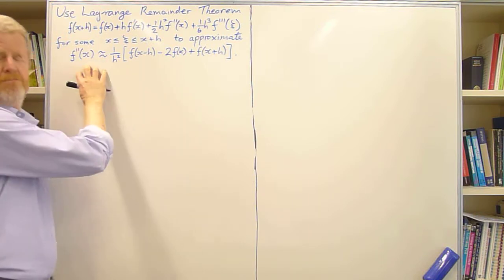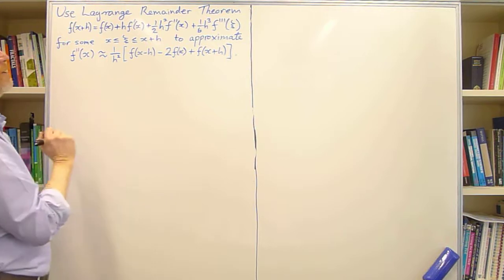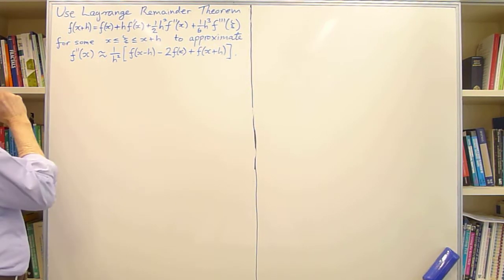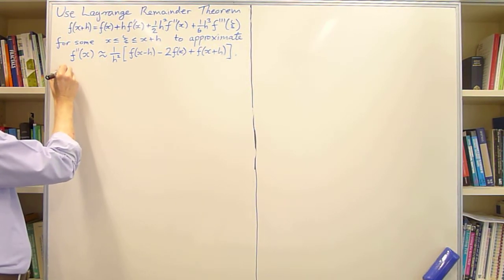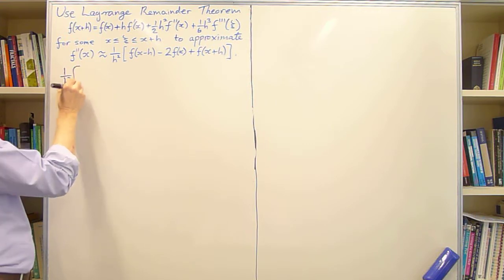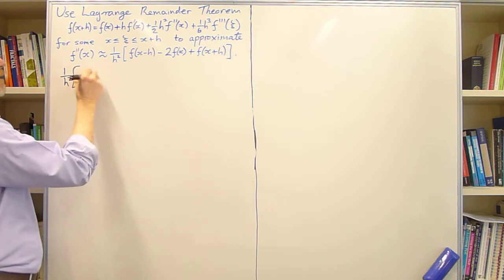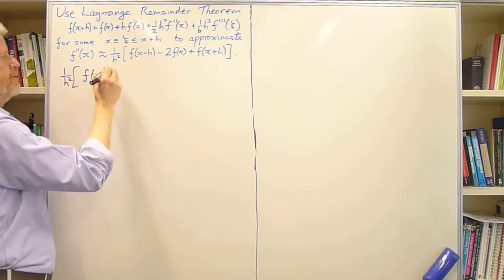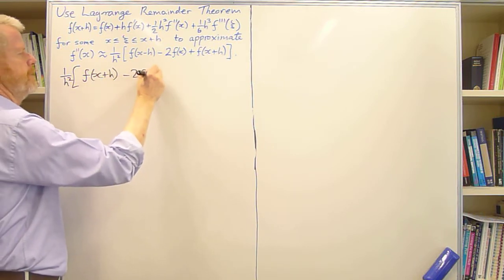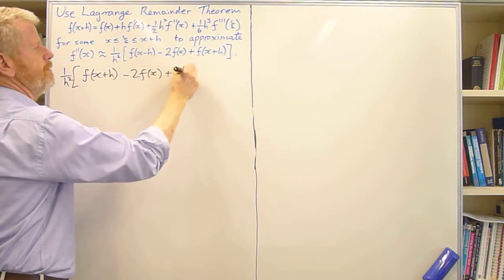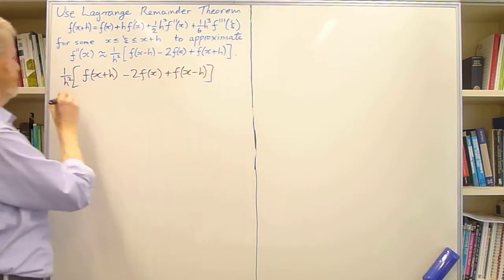Okay, to establish this, let's start with the right-hand side. So 1 over h squared, and let's write f of x plus h first, minus 2 f of x plus f of x minus h.